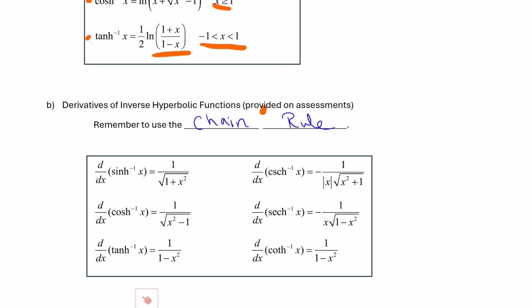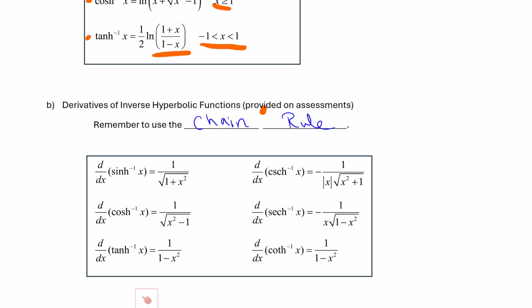Moving on, the derivative of secant hyperbolic inverse of x is negative 1 over x times the square root of 1 minus x squared. And lastly, the derivative of cotangent hyperbolic inverse of x is 1 over 1 minus x squared.